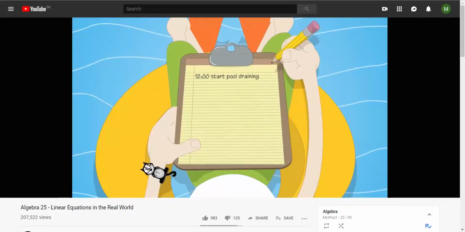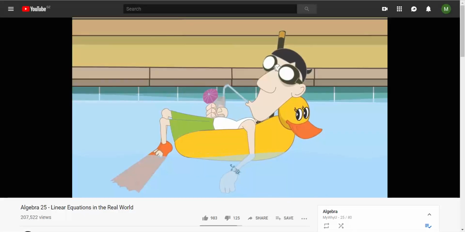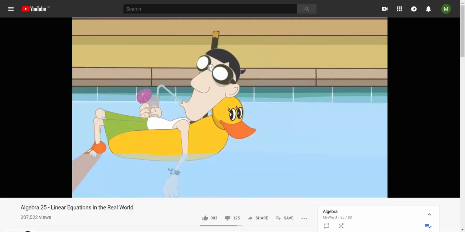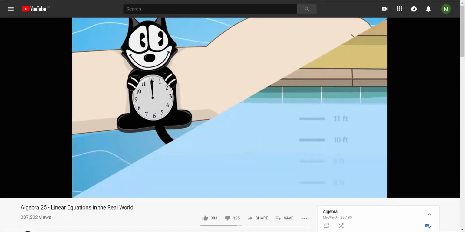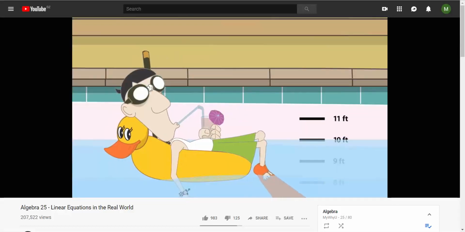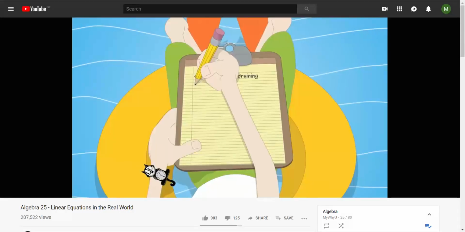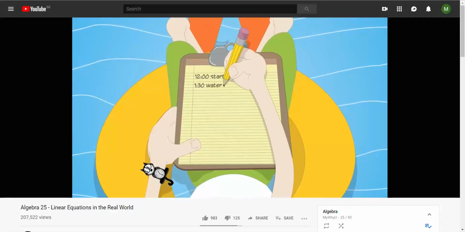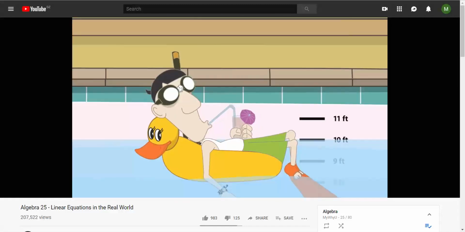Start pool draining at 12 noon. It's 1:30 and the water level is 10 feet.